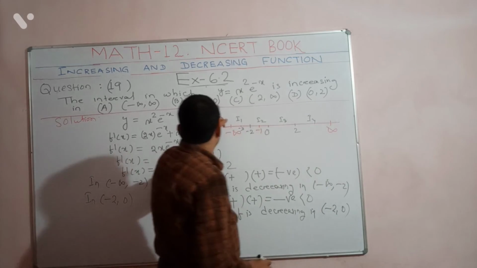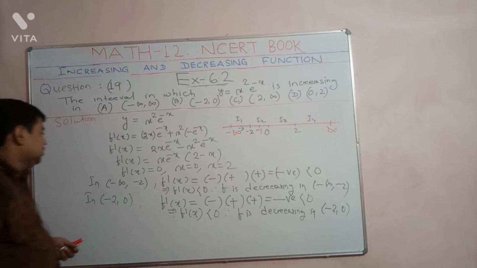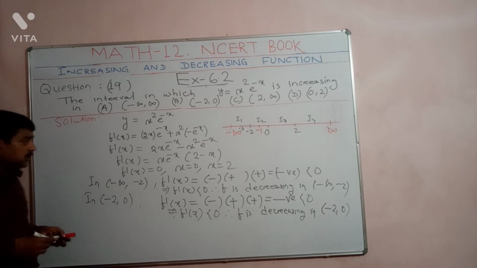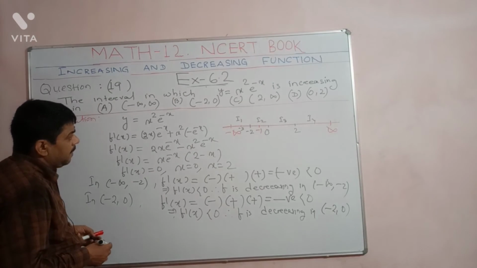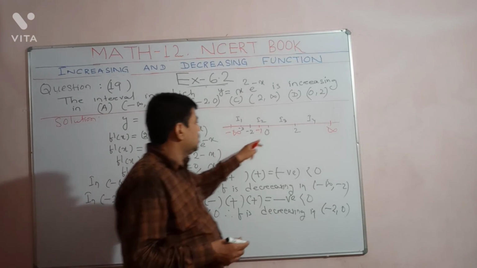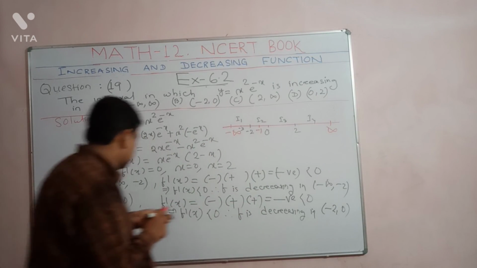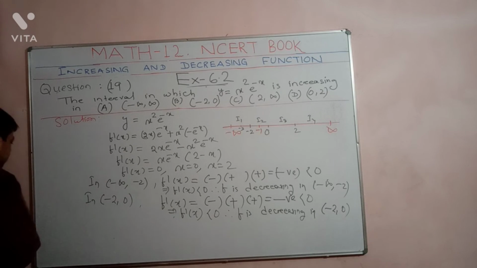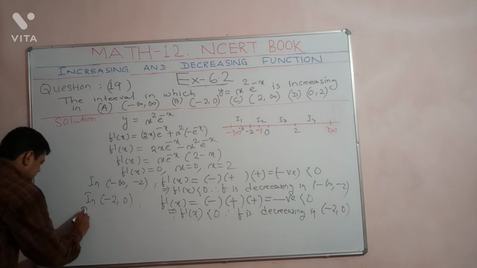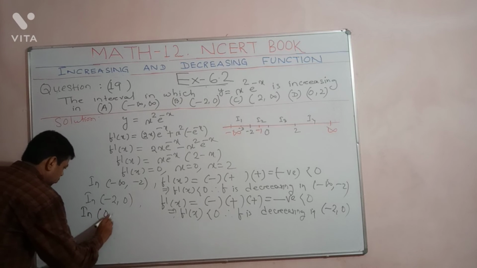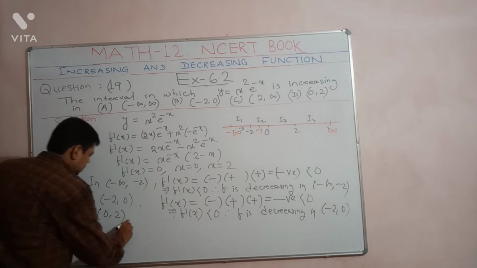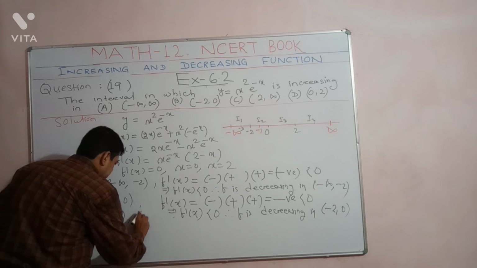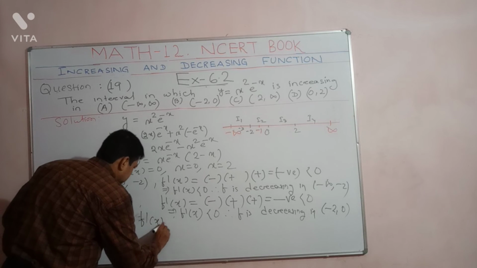So option B. Okay, the function is decreasing. Then the next interval, 0 to 2. Now in the interval 0 to 2, let us check whether f dash x is greater than 0 or less than 0.